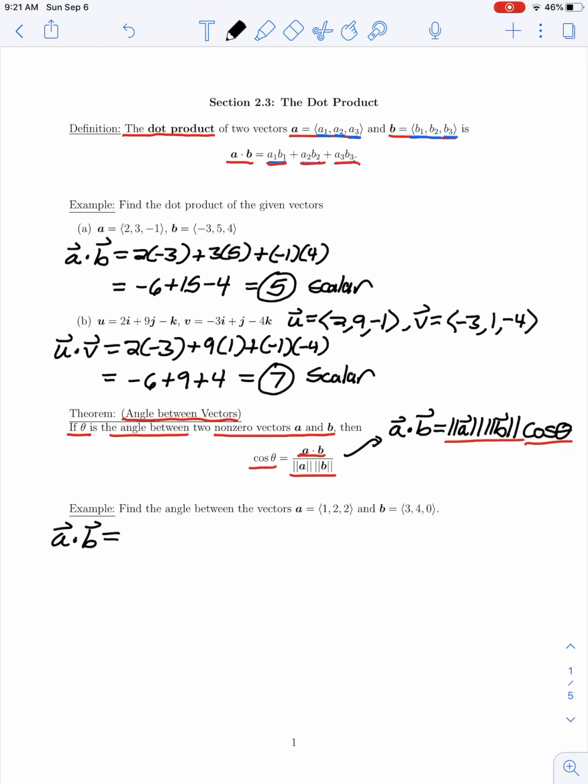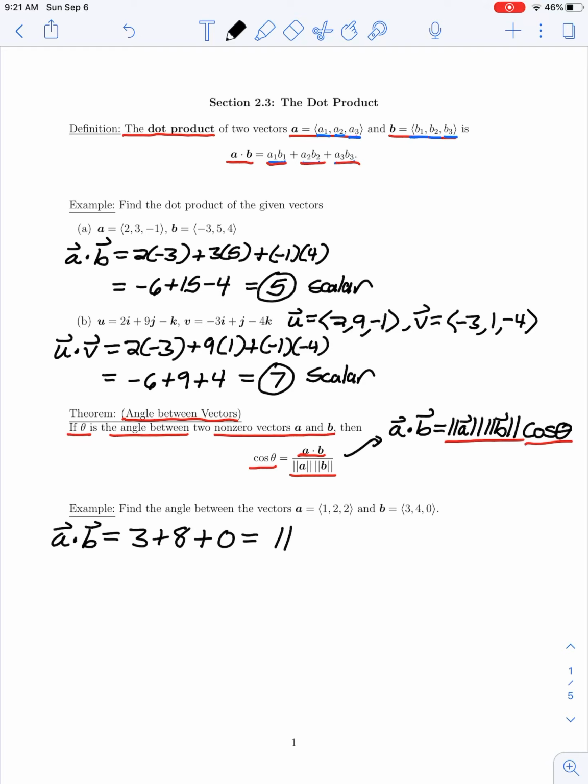Multiplying our first two components, 1 and 3, we have 3, plus the product of the second components, 2 times 4, which is 8, plus the product of the third components, 2 times 0, which is 0. So we're left with 3 plus 8, or 11.